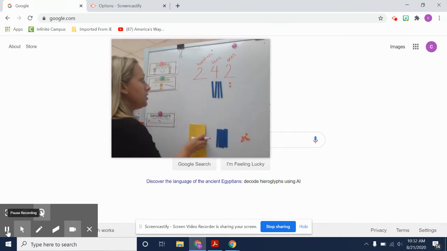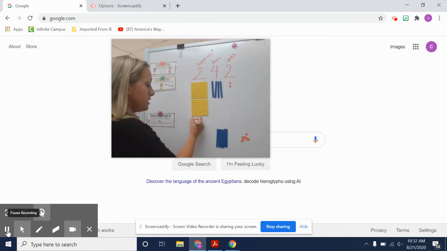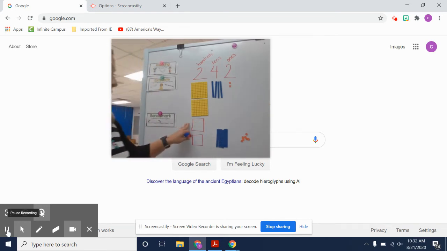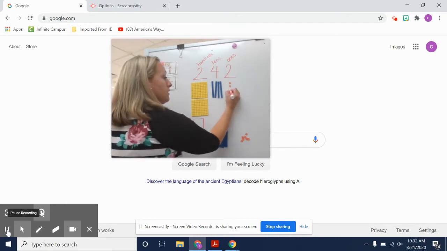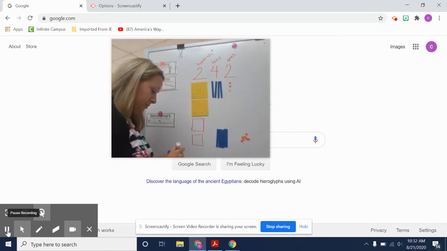And I'm going to need 2 big cubes, hundreds. And the way that you'll represent those is to draw your big ones. You don't need to put the lines inside like we did earlier, as long as you can show me that it's a big one. It needs to be much bigger than the small cube that you drew over here. Okay? So this is 242.